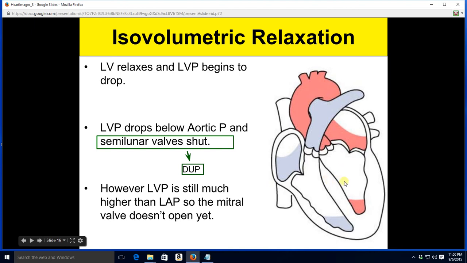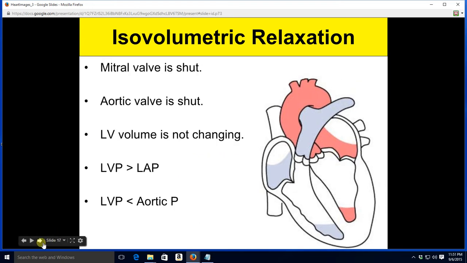However, the pressure in the ventricle is still relatively high because it just finished contracting. So it's still much higher than the pressure up here in the left atrium, so the mitral valve has yet to open. But notice again all the blood filling up in the atrium. While ejection was going on, blood was still coming back to the heart and the atrium is filling up. So mitral valve, shut.